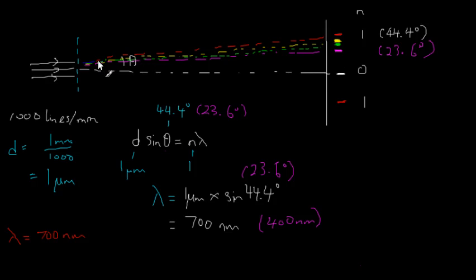That blue light would again go out at a slightly different angle, and it would be somewhere below the green light, between the green and the violet. So that's what we would have. We would have the colors of the rainbow all spread out over here, in the part where they're supposed to form the first order fringe, where n is equal to 1.